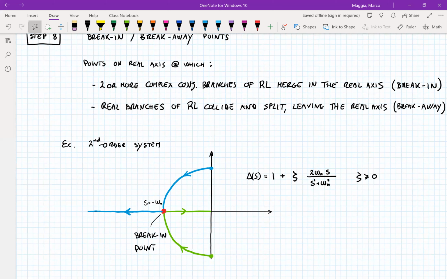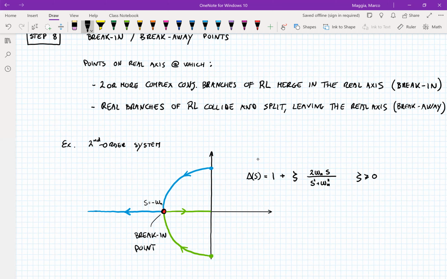So in this step, we want to calculate exactly the locations of these break-in or breakaway points. One thing that we can notice is that at these locations, the closed loop system will have poles with multiplicity that is greater than 1. That is, we have repeated poles.